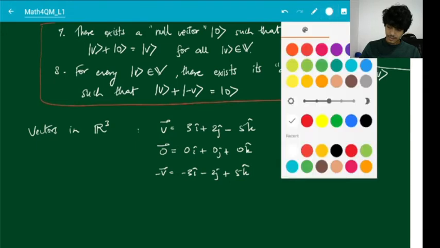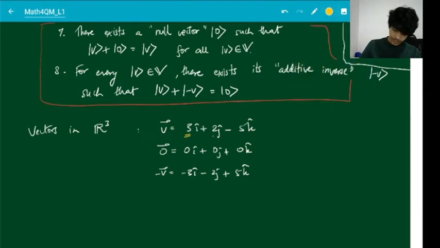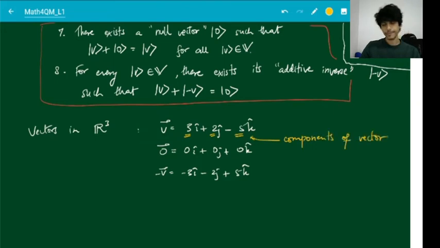Now these numbers over here, 3, 2, minus 5, these are all called components of a vector. So over here, these components are real numbers. In general, you can also have a vector which has complex components. And what are these components?